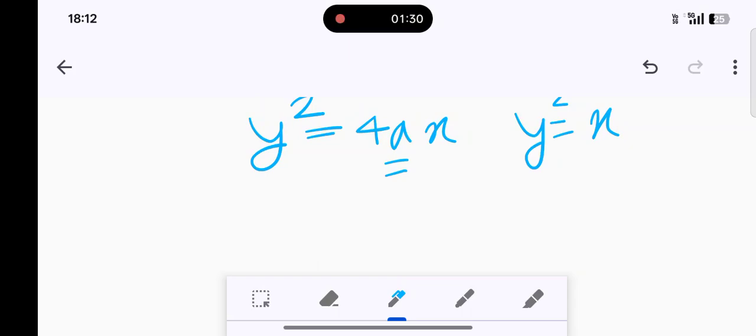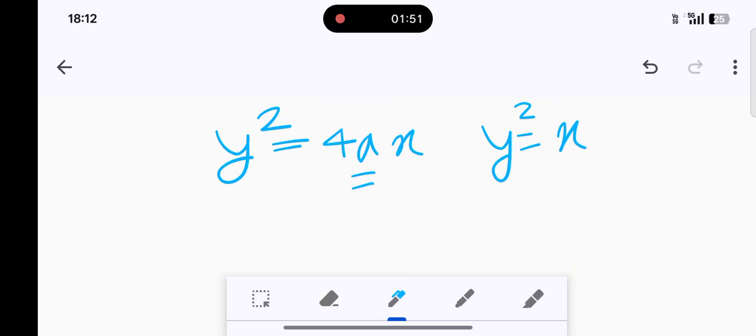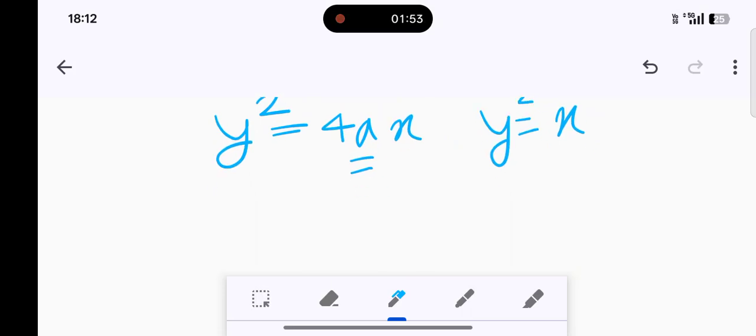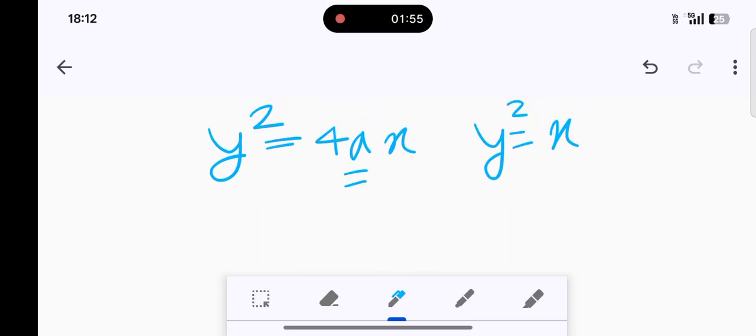You will get a perfect differential equation after replacing the arbitrary constant. So step by step, let me proceed with the particular procedure.